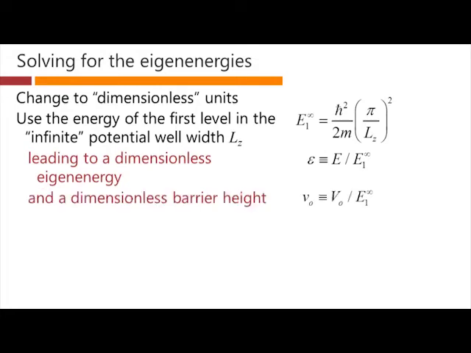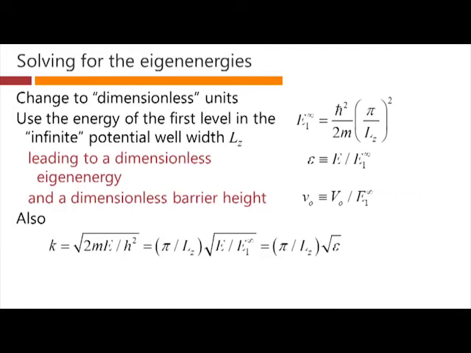And similarly, we can talk about a barrier height here, nu naught, which is V naught divided by our energy unit. Also, in terms of these energy units, originally we had this formula for k. We can rewrite that in here using this quantity E1 infinity, just a little algebraic manipulation, putting this in, you can check that.